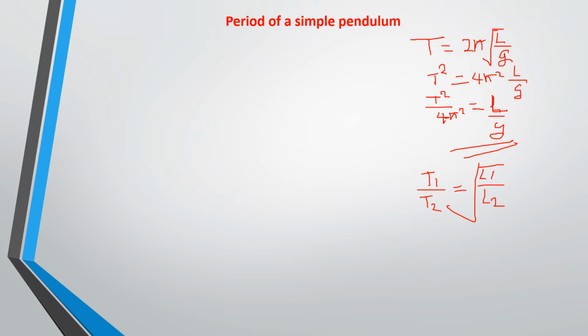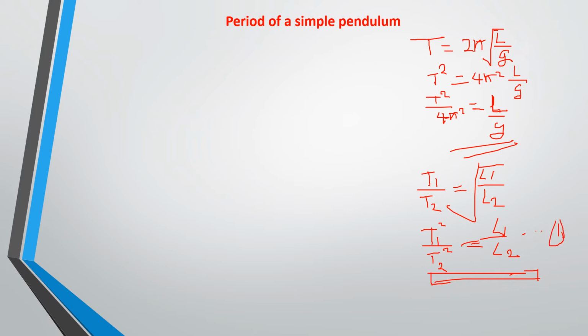So if you remove this square root sign by squaring both sides, you have that T1 squared all over T2 squared equals L1 over L2. So with this equation, you can actually compare two pendulums that are oscillating close together.